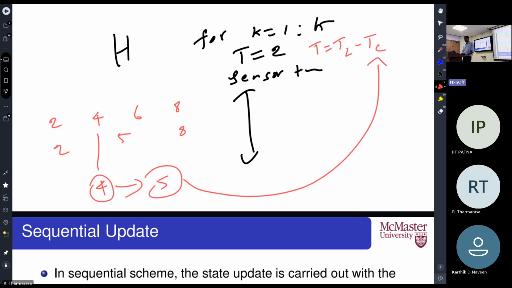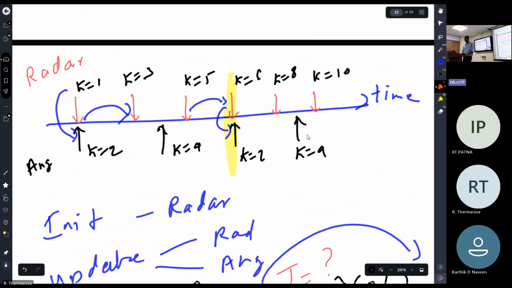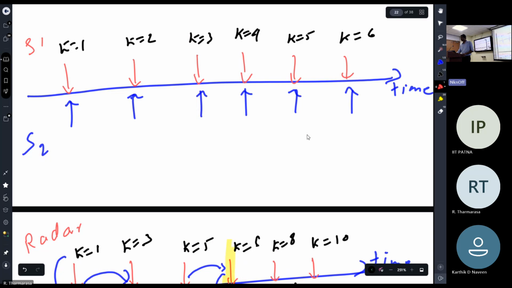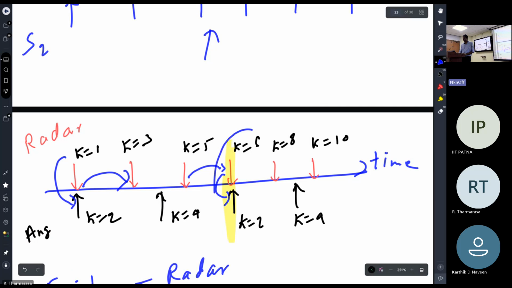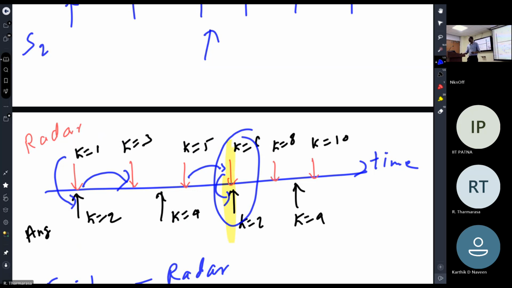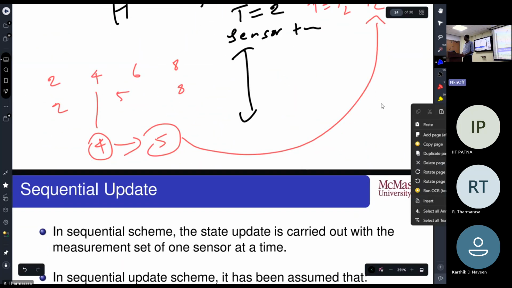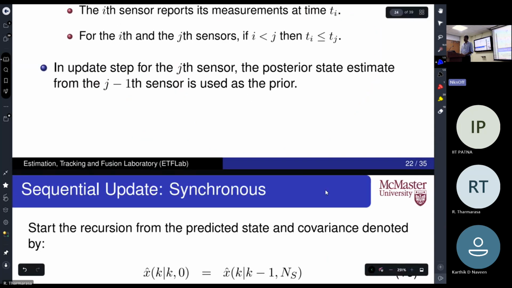Now I'm going to talk about parallel update. Parallel update is possible only in this case. Okay, all the sensors are coming at the same time, or even in this case, whenever both come at the same time, you can do the parallel update. For the parallel update, the data association has to be done properly in the normal way.